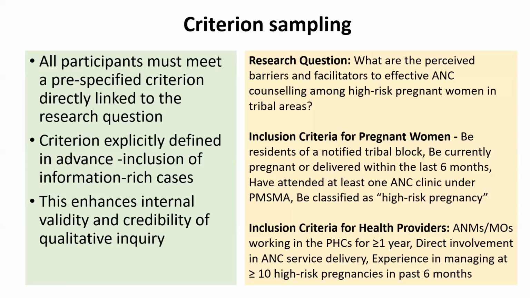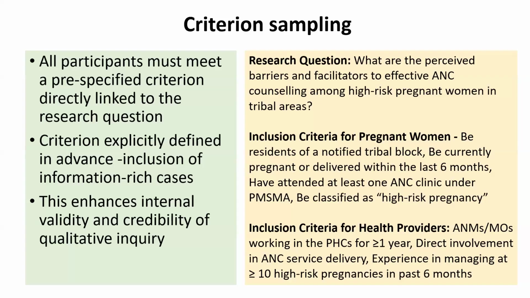So you will want residents in a notified tribal block. You would want women who are currently pregnant, who have attended at least one ANC, and then you will have a list of the criteria to say that they are high-risk pregnancy, and you would include those women in your sample.